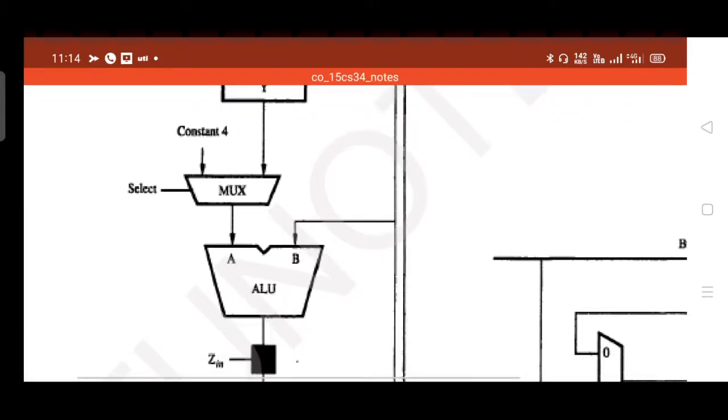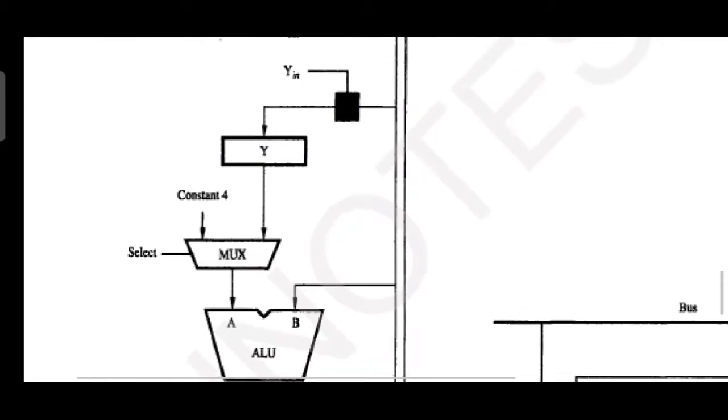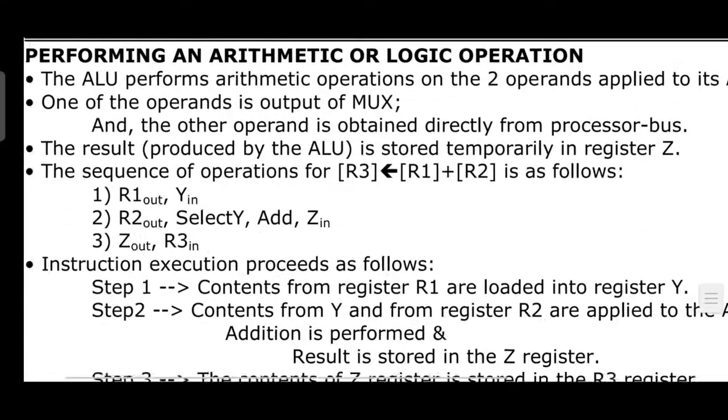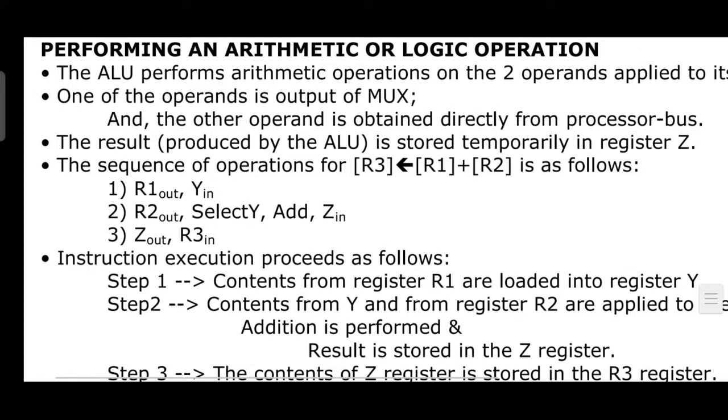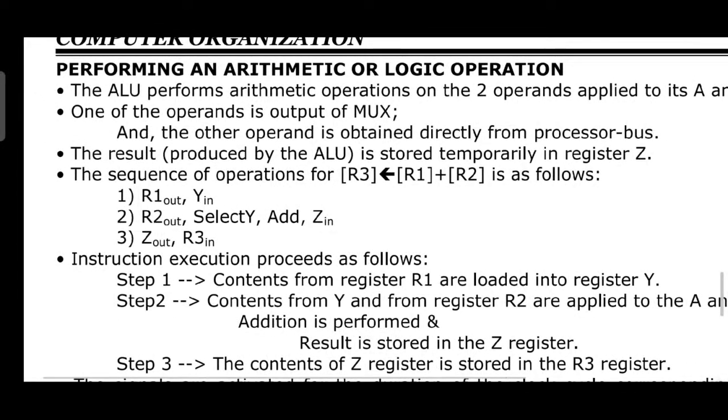It is normally having two inputs. One is from the multiplexer, the other one is directly from the internal processor bus. Internal processor bus takes the input from another register, where the register places the data onto the internal processor bus. A and B are the inputs. And the other operand is obtained directly from the processor bus. One is from the multiplexer, the other one is from the processor bus.